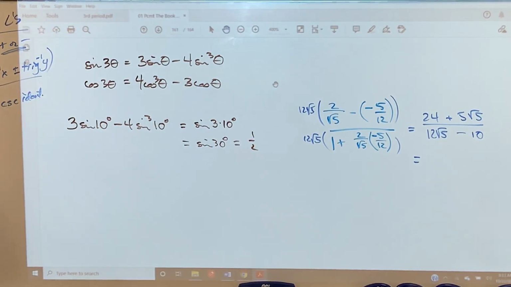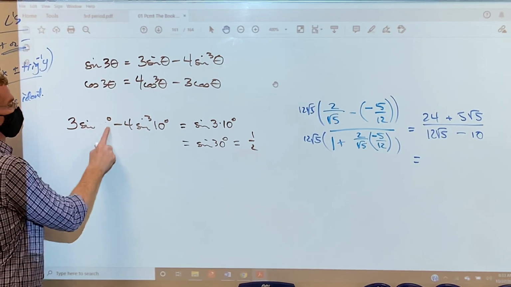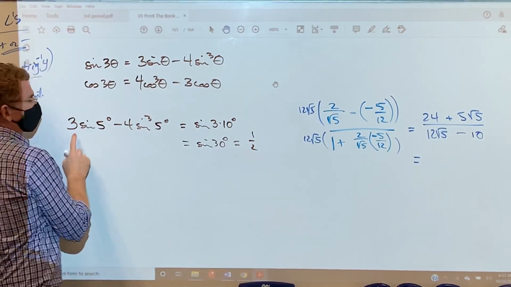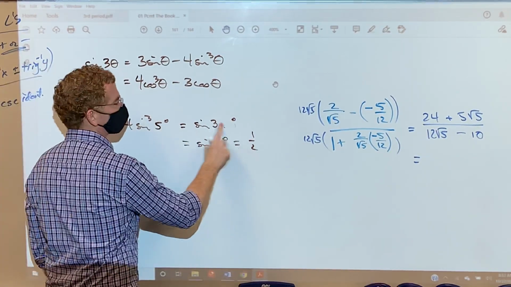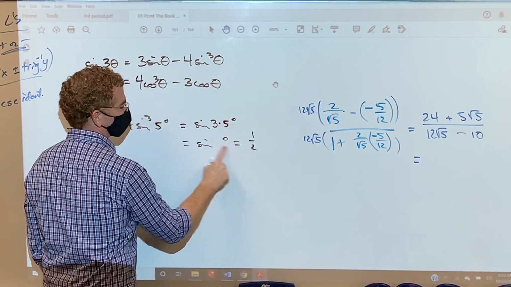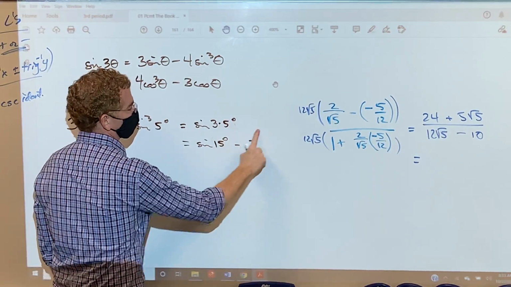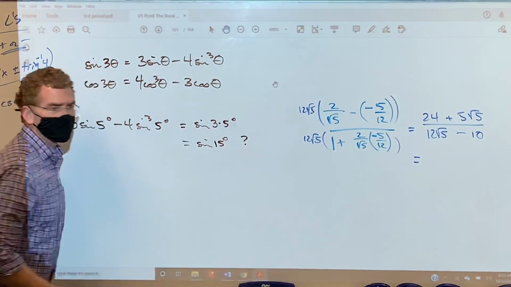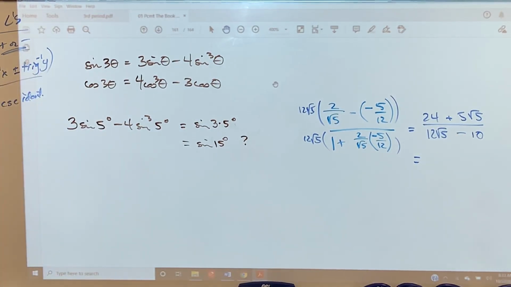And if I uglied it up a little bit, how would I ugly it up? I guess I've done this already a couple times. Put a 5 in there. So now when you triple angle the 5, you get sine of 15, which is not 1/2. Where would you go from there? Sine alpha minus beta. So you could go a little further.